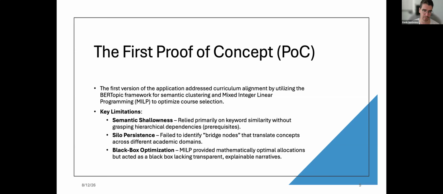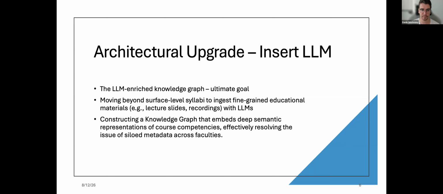It was a mathematical model, mixed integer linear programming, and it was doing the recommendations, but not in the way we propose in the multi-centroid concept. So we have data about courses from the university, but it's just syllabi data, right?